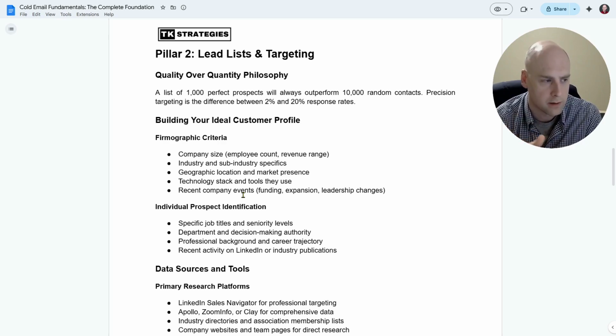Because I'll talk about it in a moment about crafting the offer, but if you have a collection of high quality leads that are all struggling with the same problem that your product or service solves, you're going to fare much better than if you just blast to anyone who has an email address.